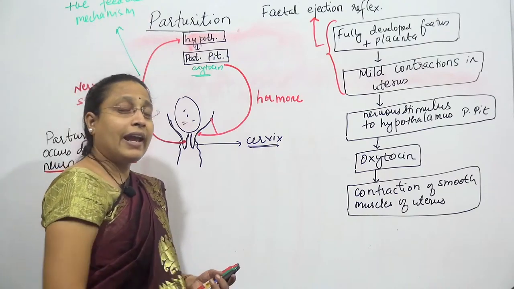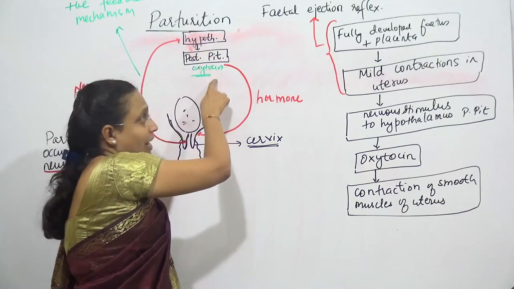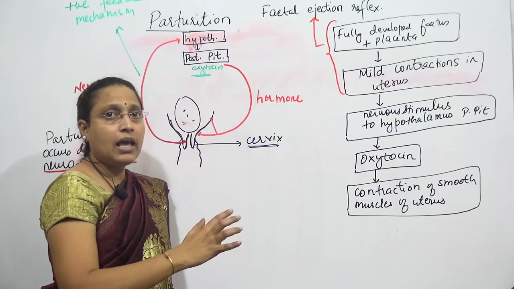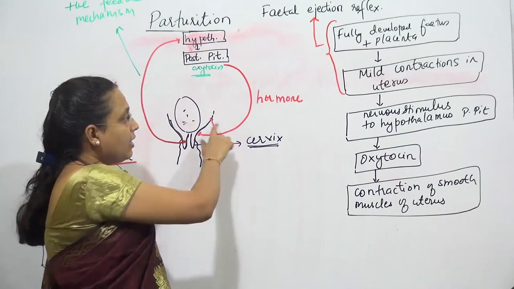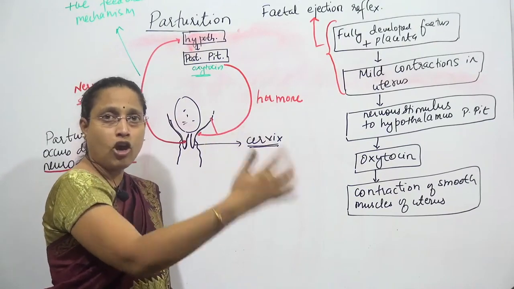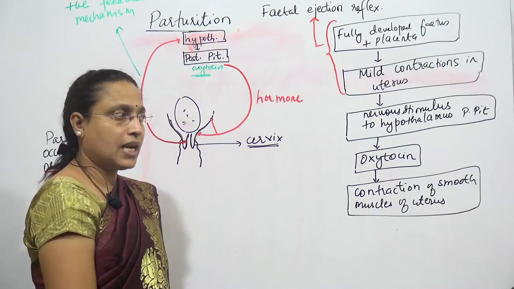So, if I say negative feedback, how would it have been? If more contraction, very less oxytocin, the opposite effect, it would have been a negative feedback. But here, that is not occurring. The end effect and hormone release going on increasing means positive feedback mechanism. Understand?